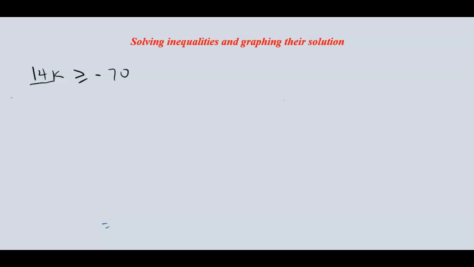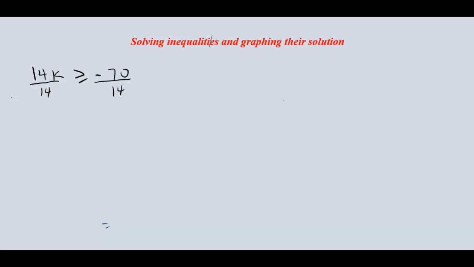If we divide this side by 14 and also the other side by 14, the reason we do both sides is the golden rule: whatever you do to one side, you do to the other side.